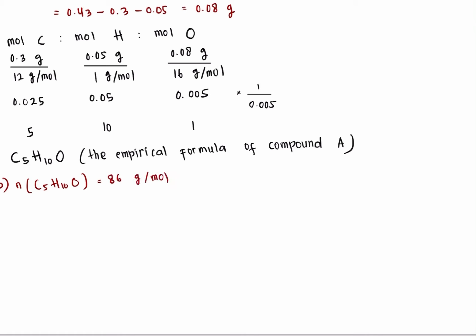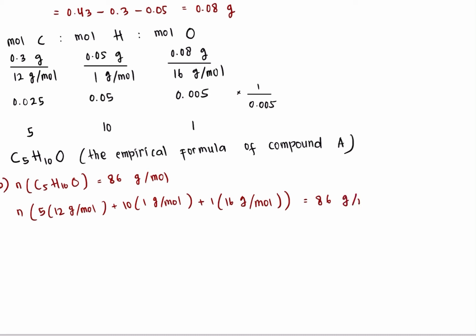So we have N times 5 with 12 gram per mole, then 10 with 1 gram per mole for the hydrogen, and then 1 with 16 gram per mole for the oxygen, and this should be the same as 86 gram per mole.